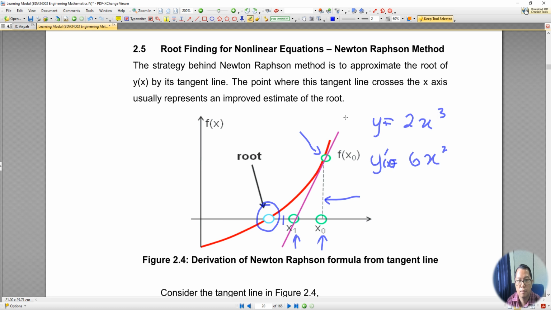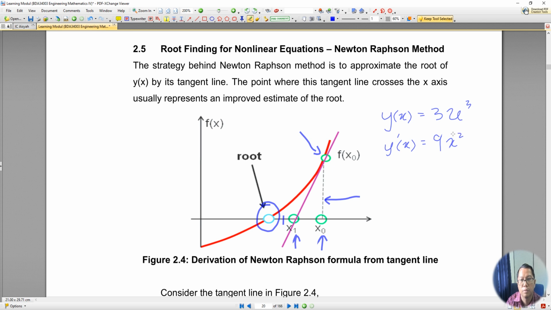Or let's say you have to differentiate y(x) equal to 3x to the power of 3, so y prime of x is 9x to the power of 2. I think this is easy.